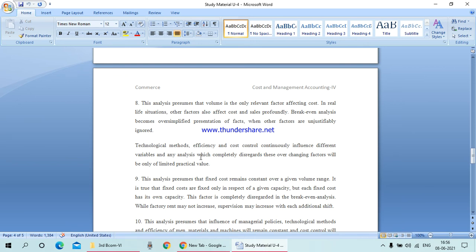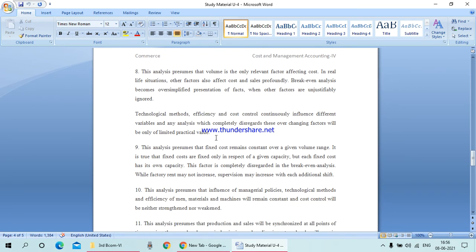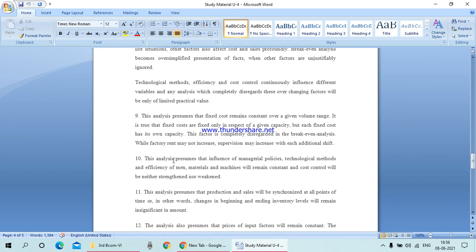Technological methods, efficiency, and cost control continuously influence different variables, and any analysis which completely disregards these ever-changing factors will be only of limited practical value. This analysis presumes that fixed cost remains constant over a given volume range.